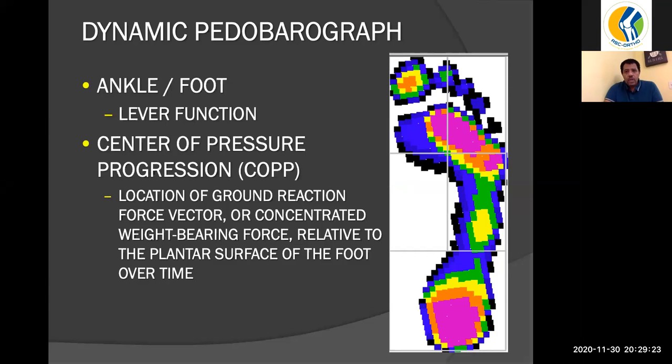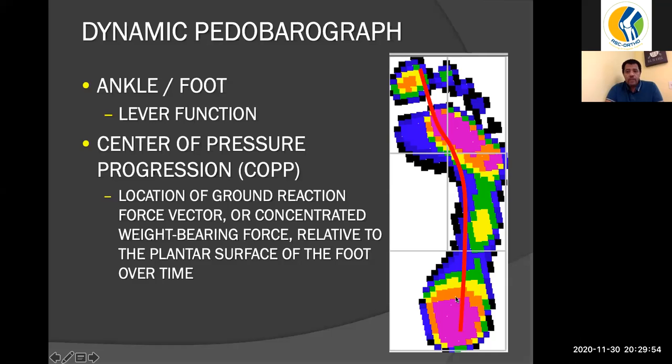So when we do the dynamic video barograph, it usually helps to understand if there is any problem in the ankle or any problem in the foot, and it helps to predict exactly where the point of the problem is and what exactly we need to do to have this perfect, normal, physiological footprint, okay?